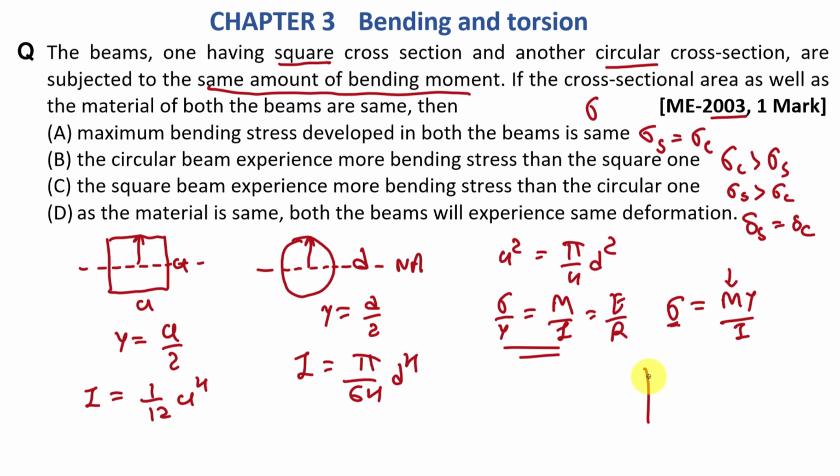And let's say if we have one rectangular cross section like this, and if we want to find out I about this axis, then it is 1 upon 12. Let's say here this height is h and this width is b. So it will be h cube into b. This is the equation to find out value of I for rectangular cross section. And here both the sides are a, so it will be a cube into a. So finally I is 1 upon 12 a raised to 4. Fine.